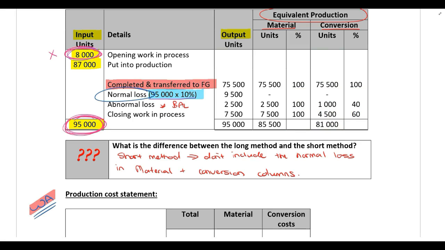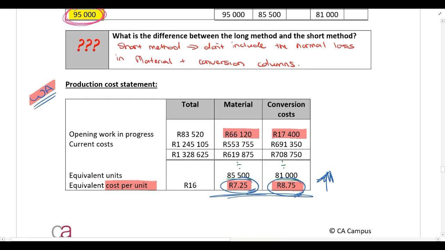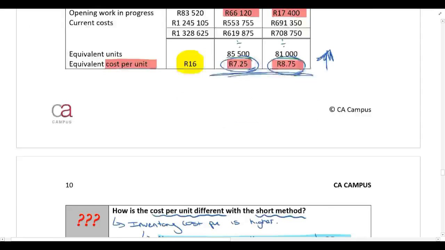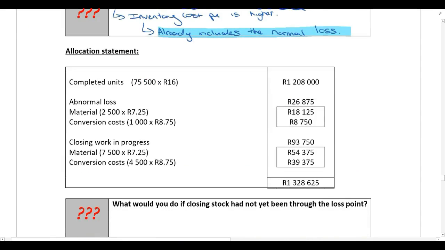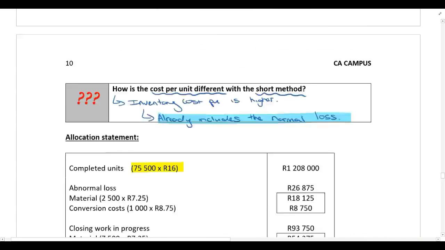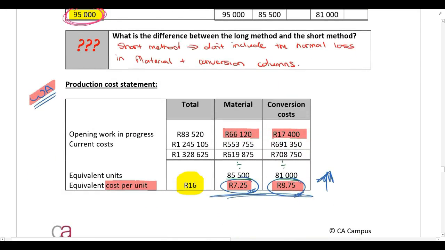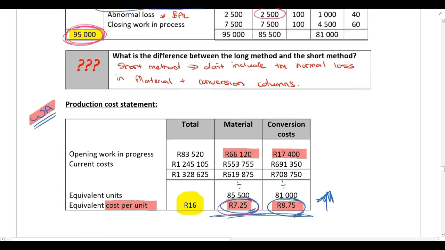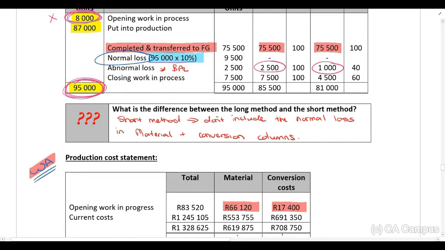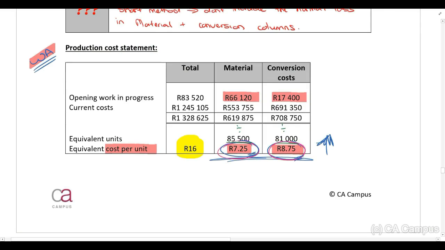So what we're going to do is we are going to say, both of these are 75,500. So 75,500, we are going to multiply that by 16 Rand per unit. That's my completed units. Okay. For my abnormal loss, 2,500 multiplied by 7.25 Rand and 1,000 multiplied by 8.75 Rand.